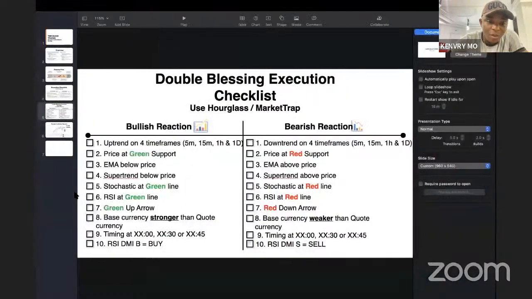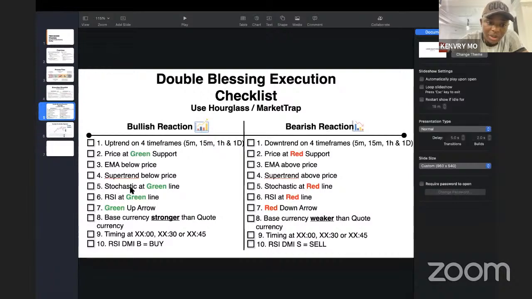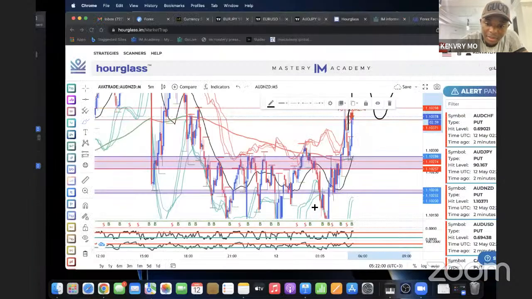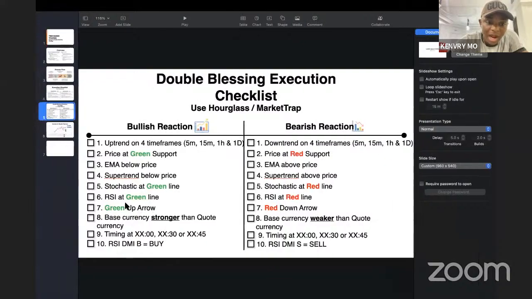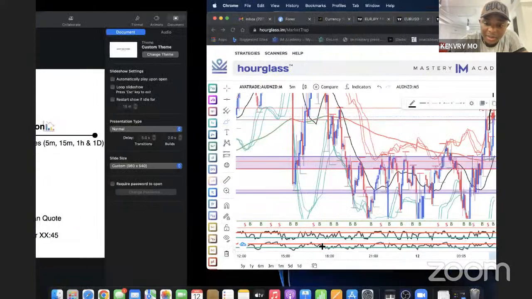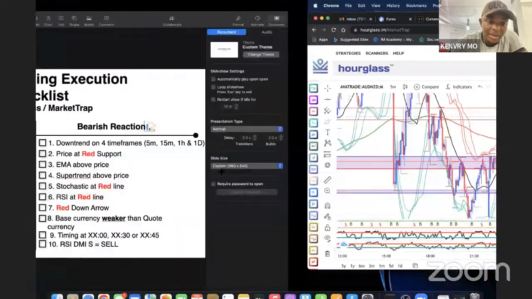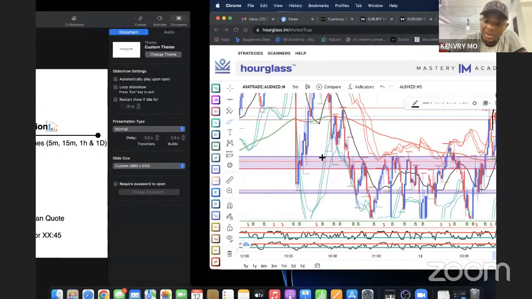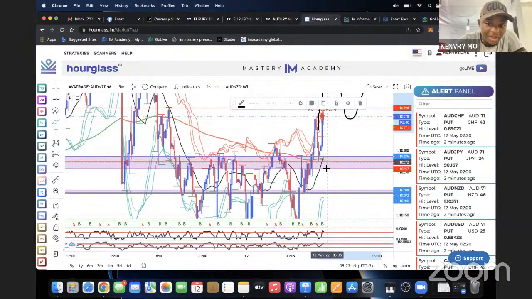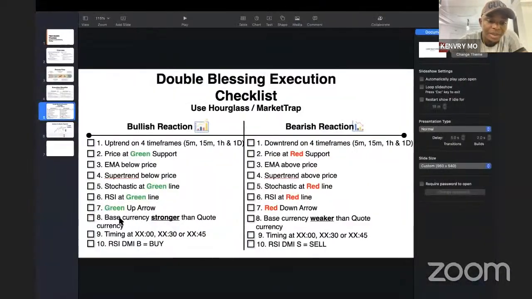So that's four. Was stochastic at green? That's five. Was RSI at green? That's six. Seven, did you get a green arrow? After a red arrow is a green, so that's a green arrow. Number eight, base currency was stronger than quote.